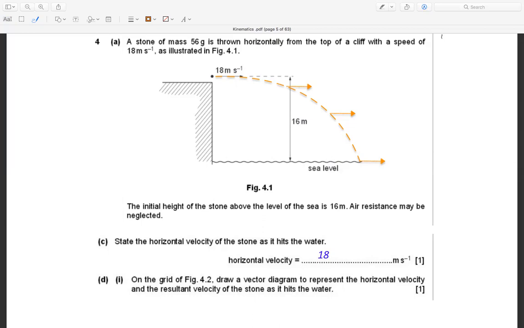Because they asked me about resultant velocity. So in this point it is 0, but in this point, this is like they have velocity.